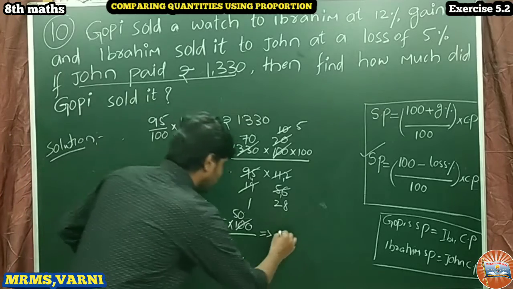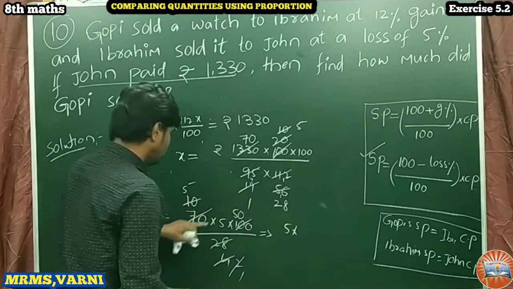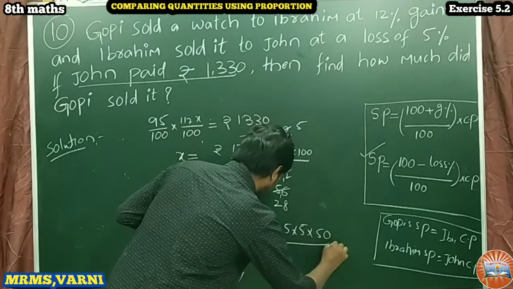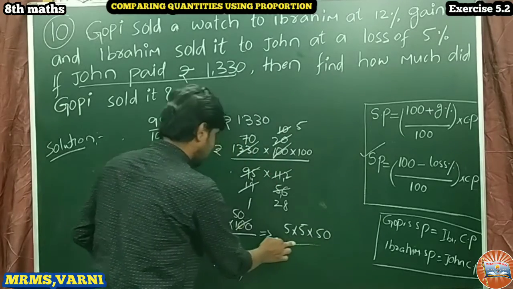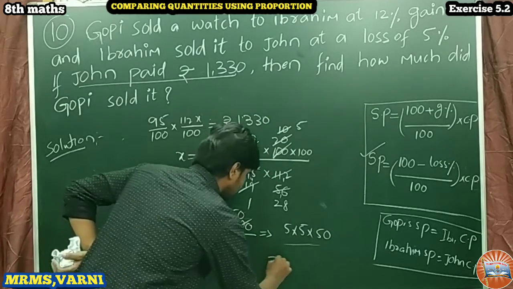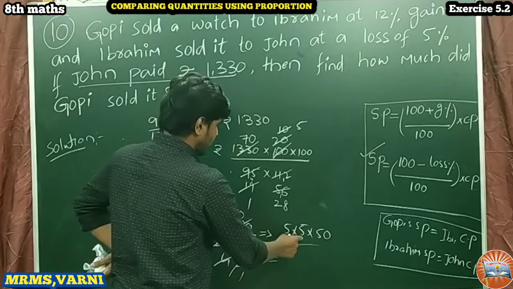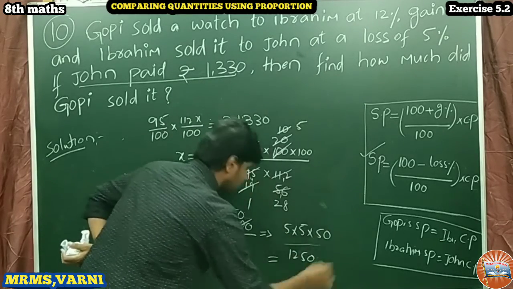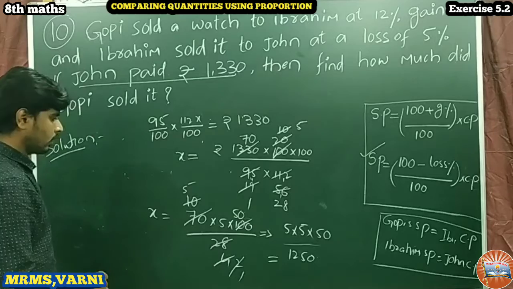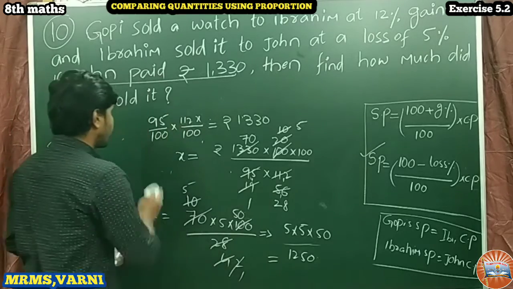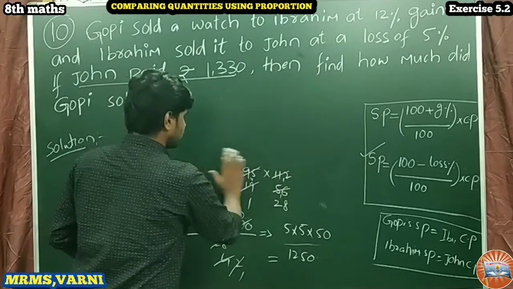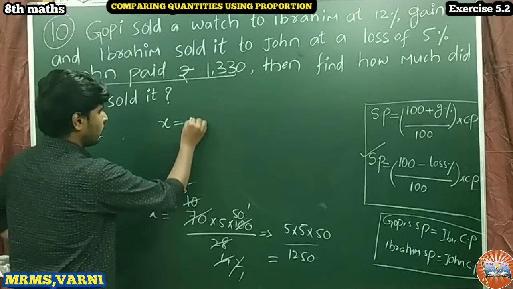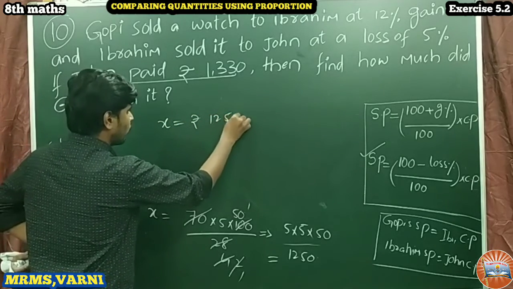What is remaining? 5 into 50 by, yeah, nothing is remaining. So what does this become? 5 5s 25, 25 5s 125 and 0 as it is. Okay. So we got x is equal to rupees 1250.